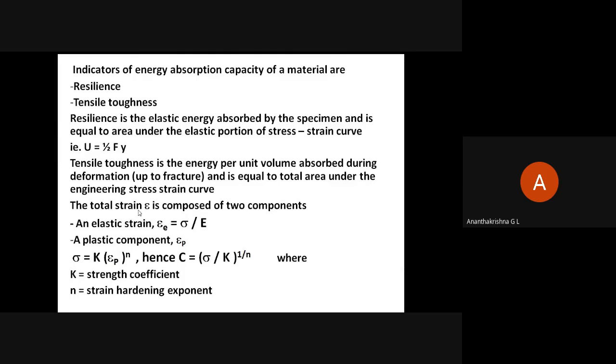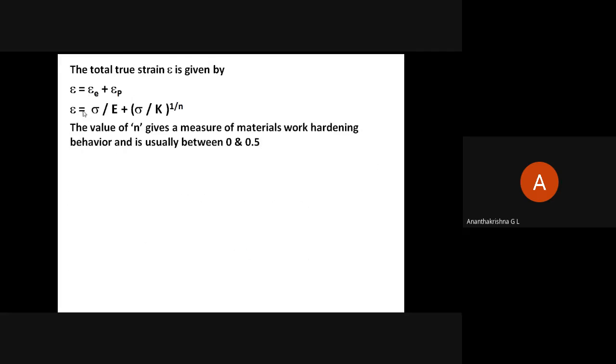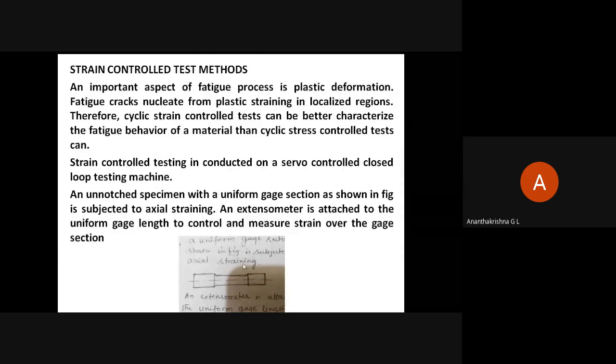Then the total strain has two components, an elastic strain component and a plastic component, given by the equation we noted down. Then the strain controlled test: how the specimen is prepared, and an extensometer is used to measure the strain over the gauge length. Normally the test is conducted at constant amplitude and a constant strain rate, using either triangular or sinusoidal waveform signals.